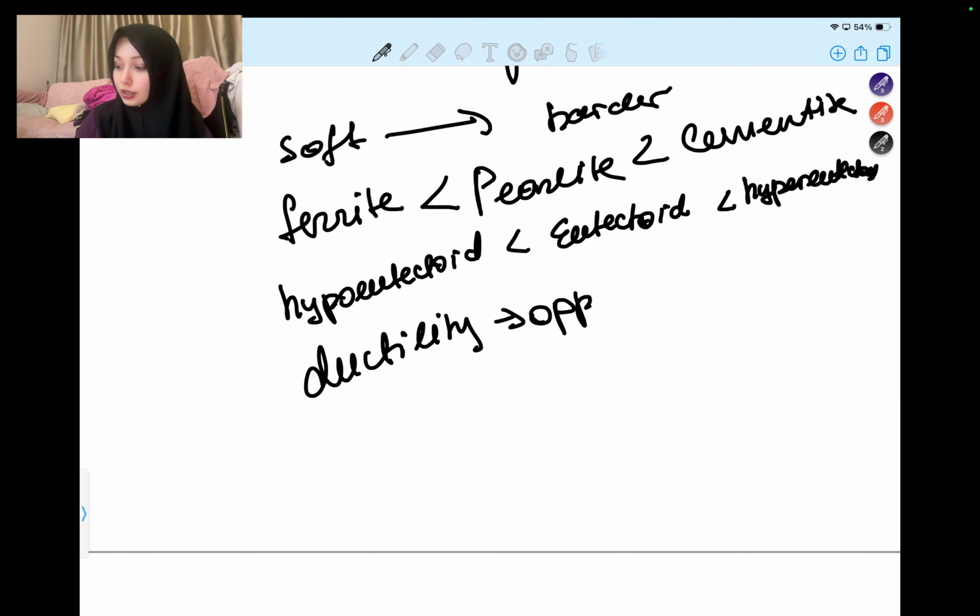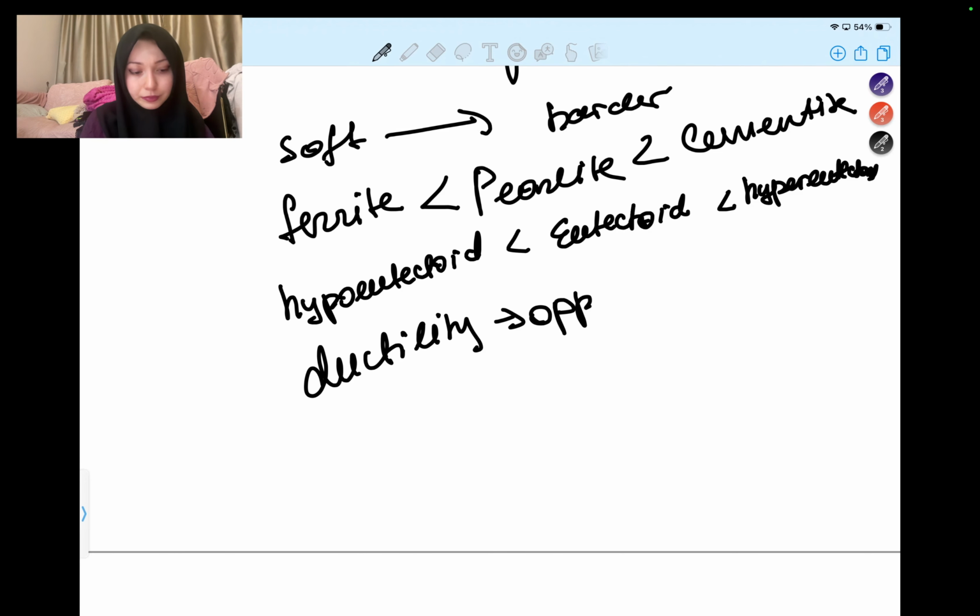So in ductility, the hypoeutectoid is most ductile and hypereutectoid is least ductile, because cementite needs a lot of carbon and it is brittle, right? And being brittle is opposite of being ductile.